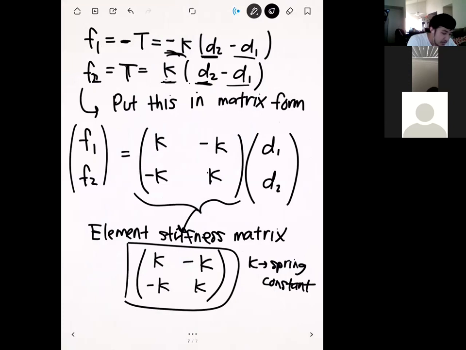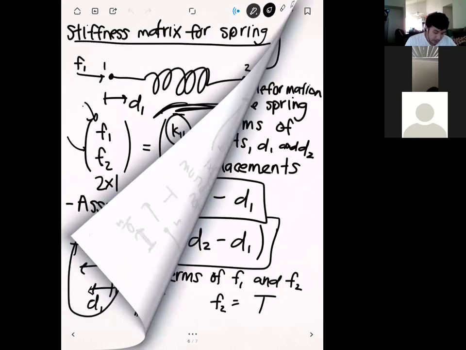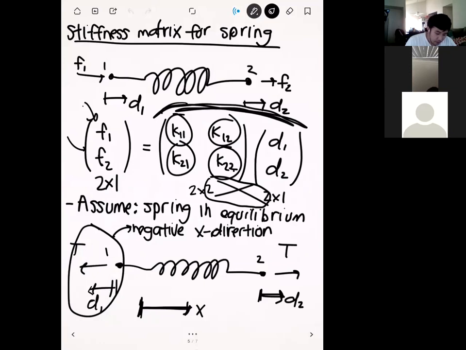So this minus sign just came from the fact that F1 is equal to minus T, right? And if you look at our original figure here, since T right here is going to the left on node 1, what we say is that the force on node 1 is a minus T, because it has a magnitude of T, but it's going to the left. So that's why we put that minus sign there.